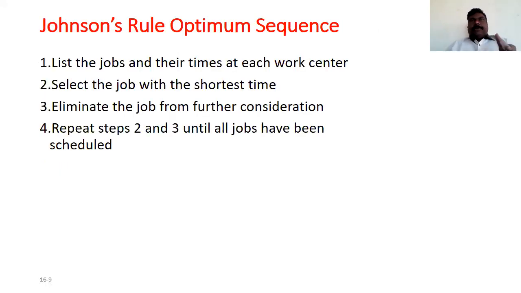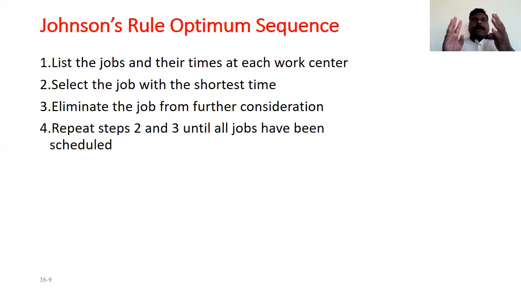Optimum sequence. Optimum is the best sequence, and this is how we can make it through Johnson. List the jobs and their times at each work center, and select the job with the shortest time. While sequencing, the first rule in the Johnson rule is that we have to pick up the shortest time first, then eliminate the job from further consideration.